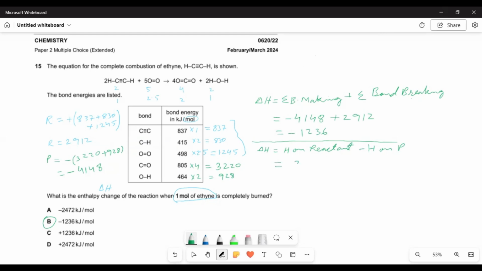So it is 2912 minus, and we don't use this minus sign here. We use the whole value, that is 4,148. This minus sign is from the formula. Then we will get the same answer. It is minus 1236. So we can either use any one of these strategies.